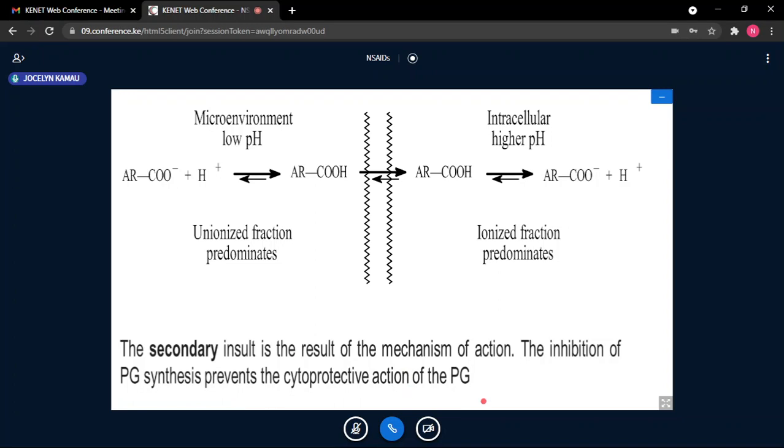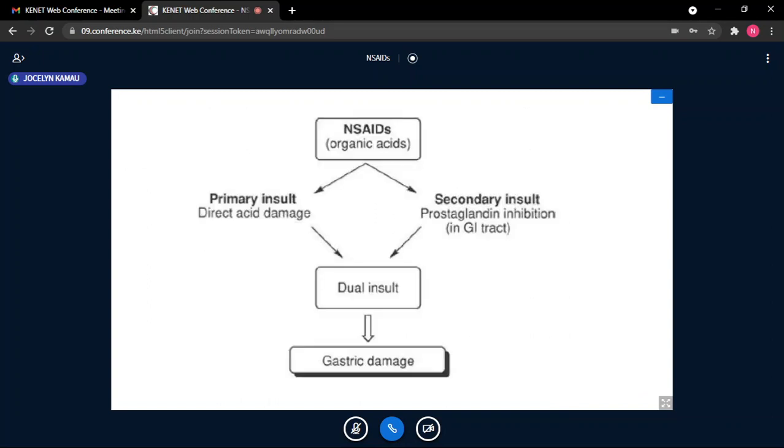They will also block the synthesis of the protective prostaglandins and hence again cause gastric irritation. So this is the same non-steroidal organic acid: secondary insult, prostaglandin inhibition in the GIT; primary insult, direct acid damage. That gives us a dual insult which results in gastric damage.